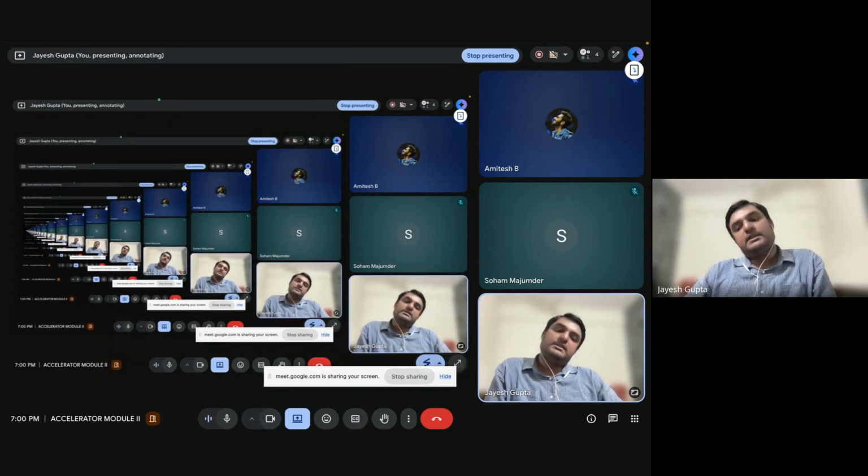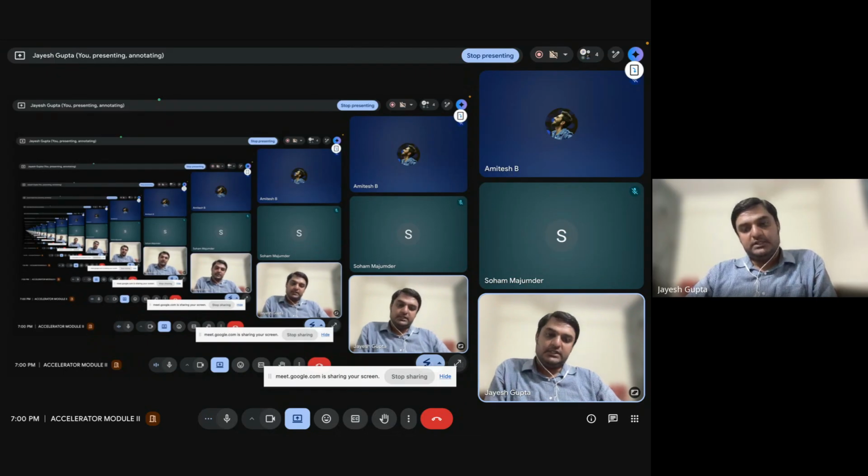Simple bond order you can say, if I do not want to apply MOT, just by looking at the molecule, I want to say bond order. So how will it look? For example, can you tell the bond order of H2? Tell.